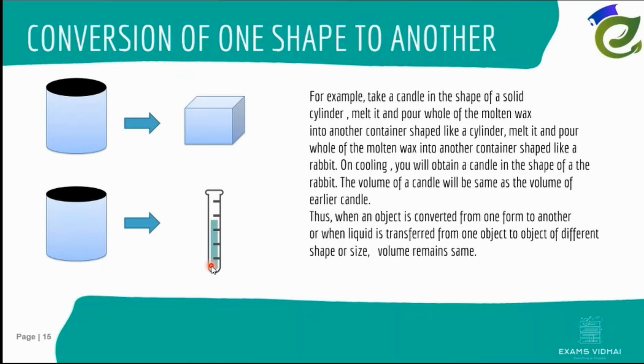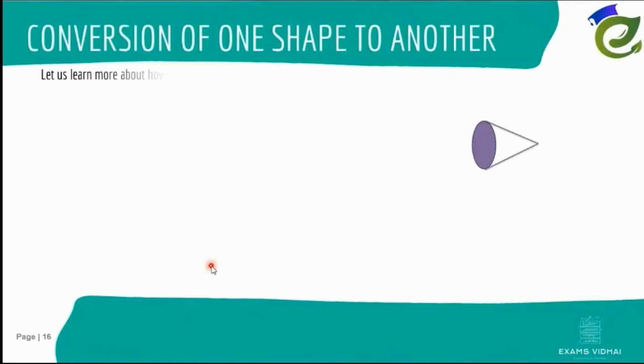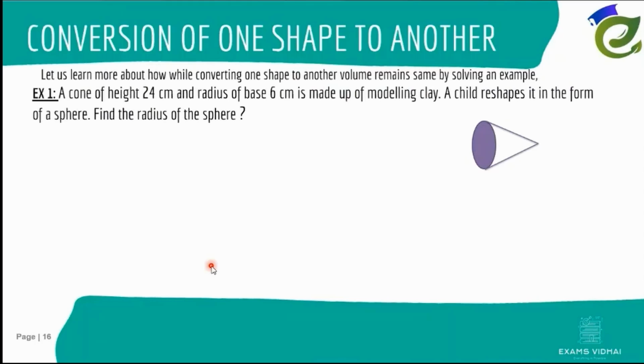So let us understand more about this by solving an example. Here a cone of height 24 centimeter and radius of base 6 centimeter is made up of modeling clay. I think every one of you knows what clay is.